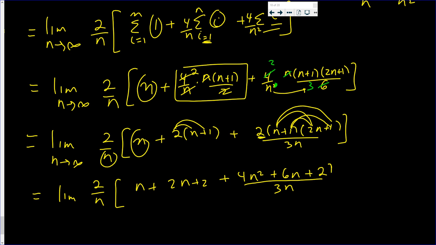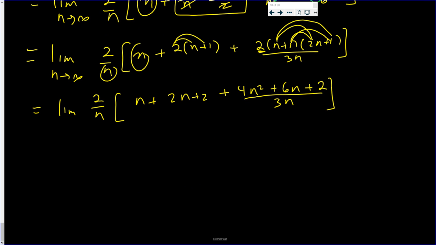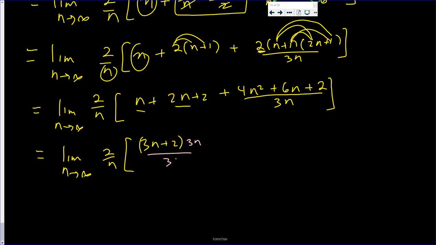Okay. Let us get a common denominator. Oh, let's first combine what we can. That's 3n plus 2. Now I'm going to multiply this by 3n over 3n. So now we have common denominators. So 4n squared plus 6n plus 2 all over the common denominator. This is equal to the limit as n goes to infinity.